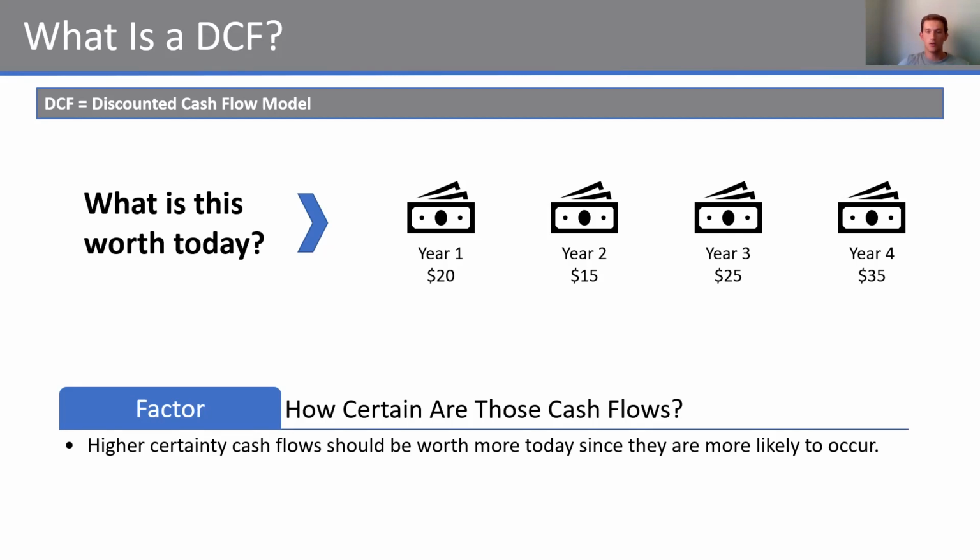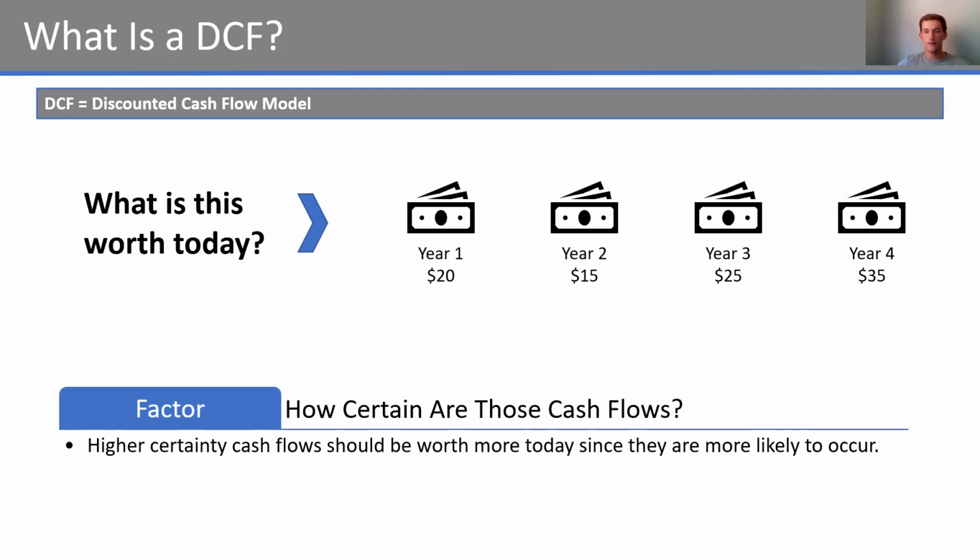As such, one should discount the future cash flows by the return they need to convince them not to use the money today or for other purposes. So what's embedded in a discount rate is, one, the risk-free rate, which is typically represented by the 10-year treasury rate, because it is, in theory, risk-free, given it's backed by the US government.